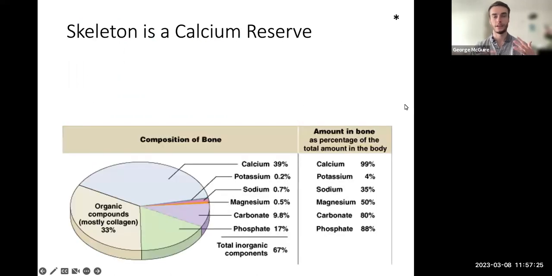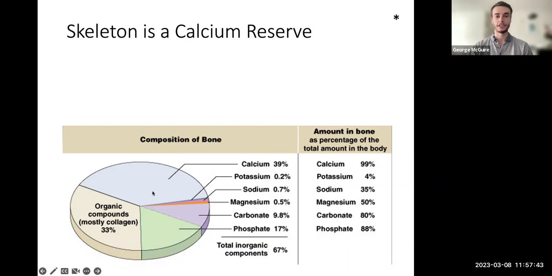So as I've mentioned a couple times throughout the other slides, our skeleton is not only acting as structure that our muscles can use to provide us with movement, but it's also our main calcium reserve, or calcium storage.